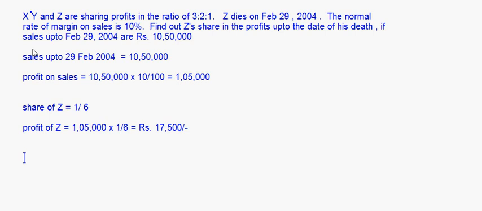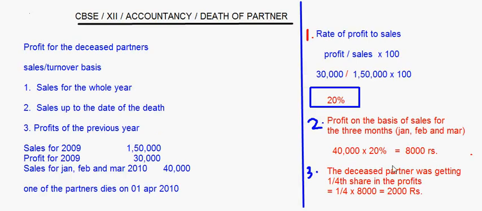So if the question specifically gives the rate of margin on sales, then it becomes quite simple. Otherwise, if the sales for the whole year is given and the sales up to the date of his death is given and profit is given, then we will follow this method, right?